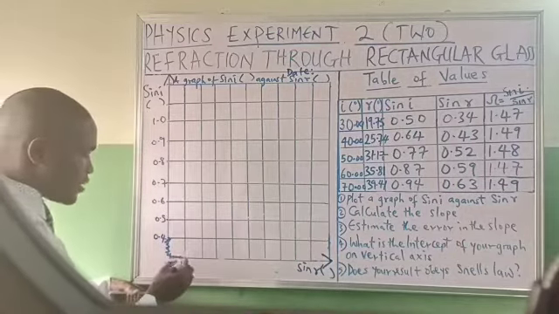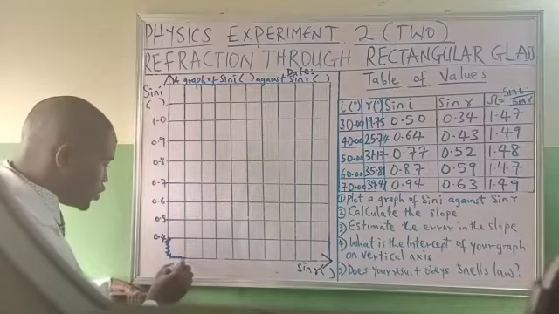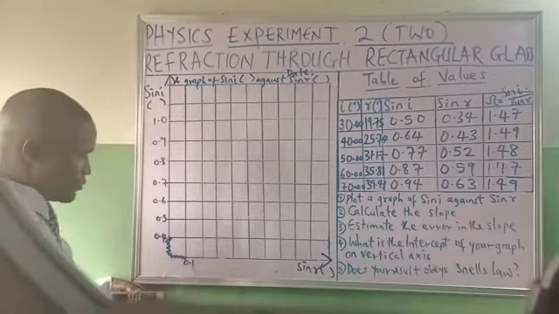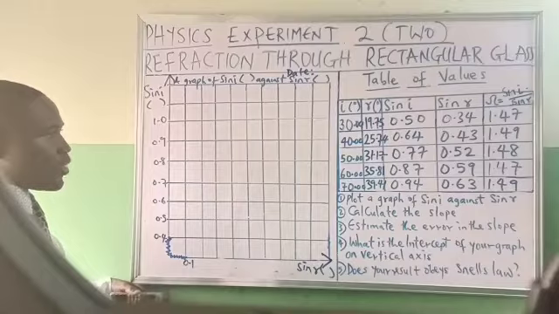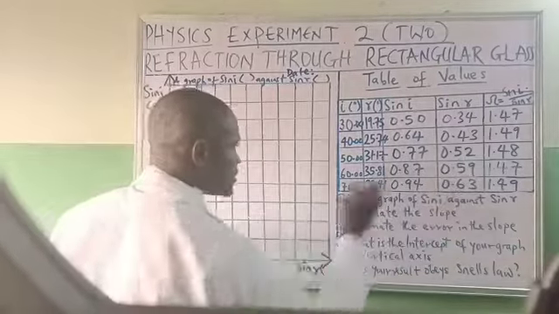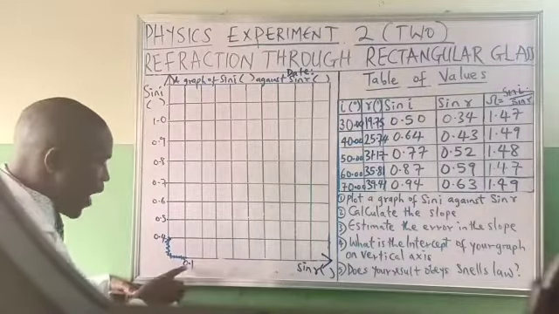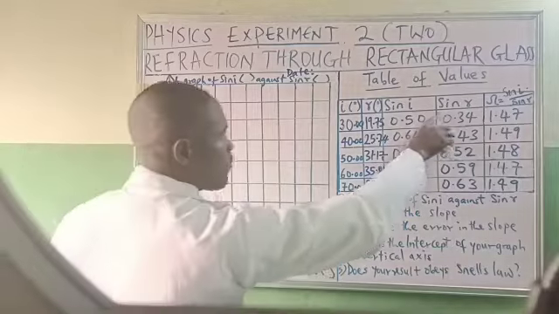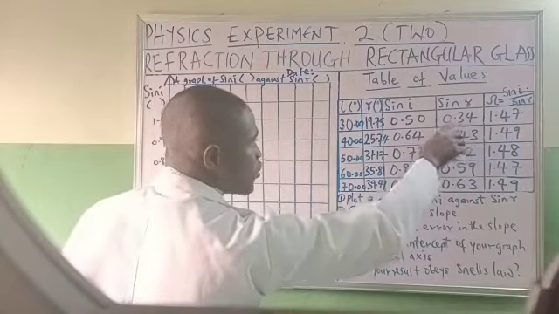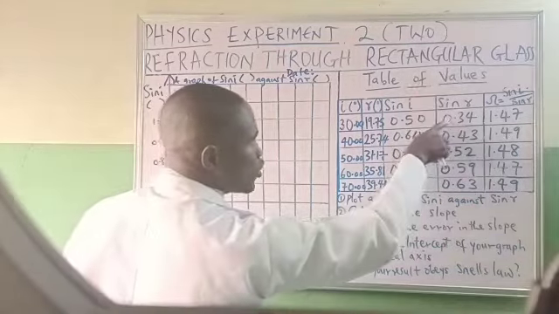Let me pick 0.1. The highest is 0.63. Why I pick 0.1 is that 0.1 is close to 0.34.